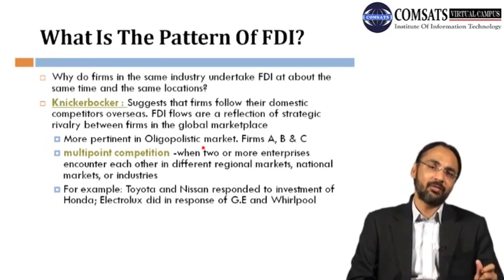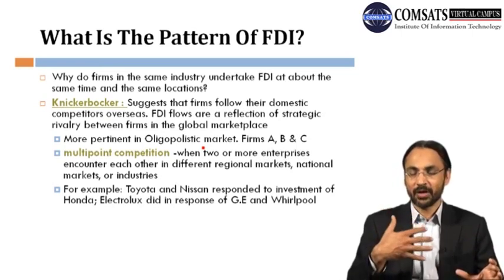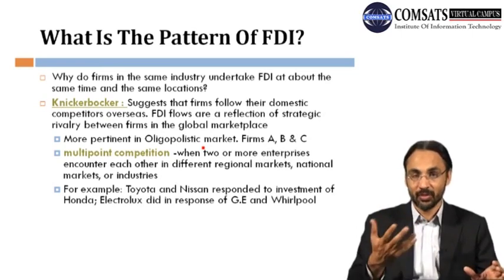Like the example of the airplane industry, where only Boeing and Airbus have 90% control of the jet industry. And we have soft drinks, Coke and Pepsi, where the market capitalization lies in the hands of only these two companies.